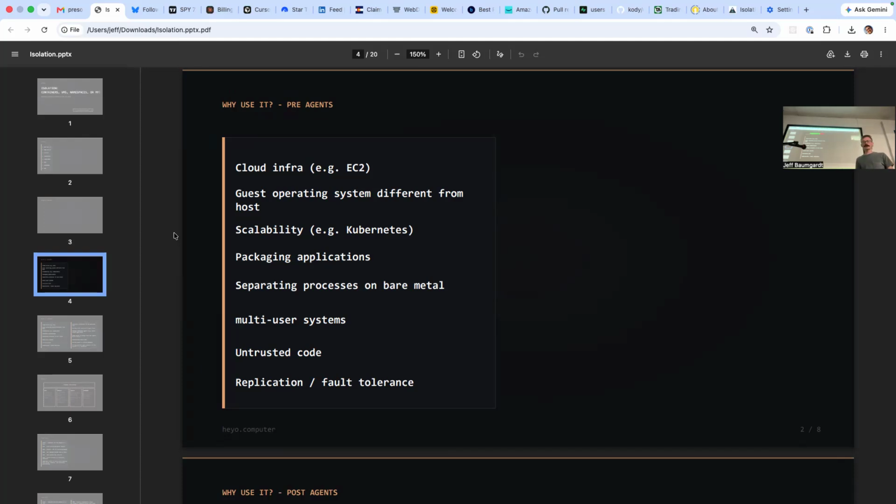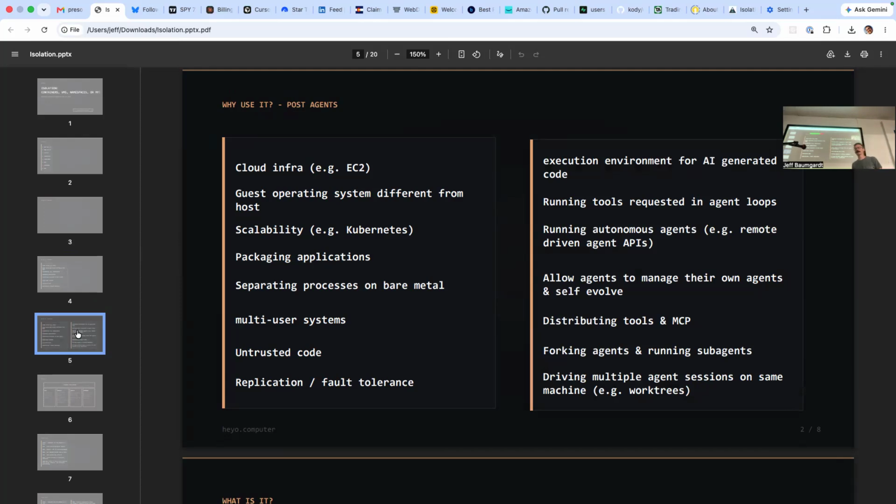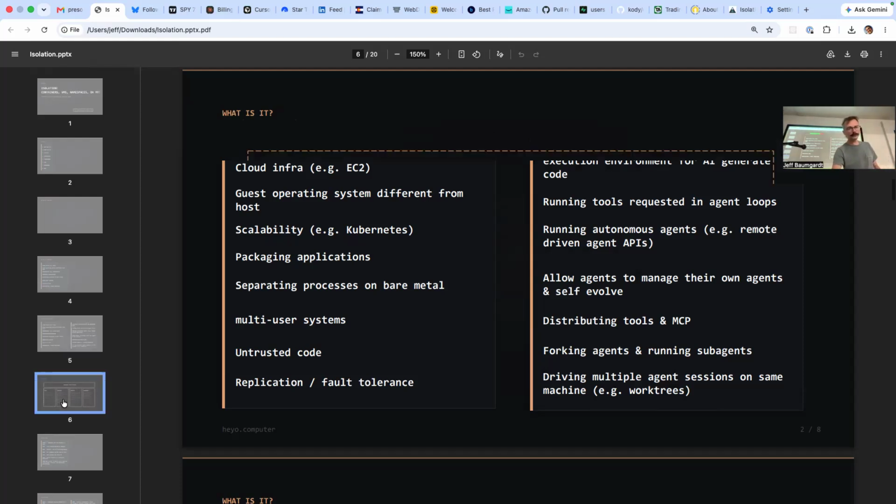But there's a bunch of different reasons for actually using isolation here. And then when we get into the post-agent era where we are now, I would say that the use cases are actually really similar pre and post-agents, except the operator changes. So instead of a human being using a system, now we have agentic systems or LLMs that are calling tools and using the system. But realistically, we're using the isolation mechanisms for the same types of reasons.